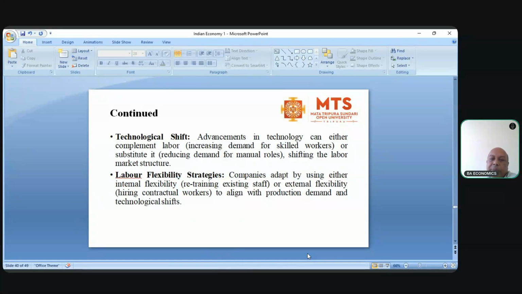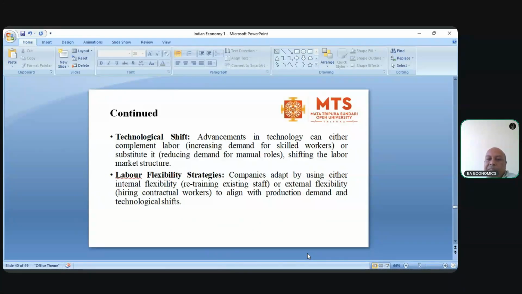The producer may move workers from one place to another within the industry, or from one department to another department, or improve the skill of workers through various training programs. In this case, productivity of workers will be increased. So it is known as internal flexibility of production.